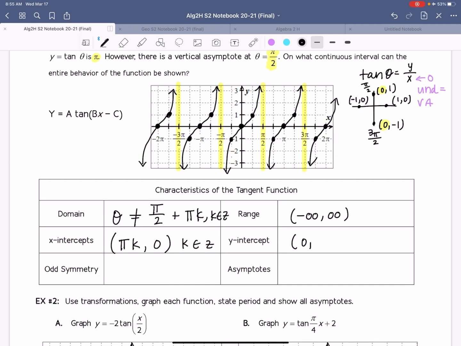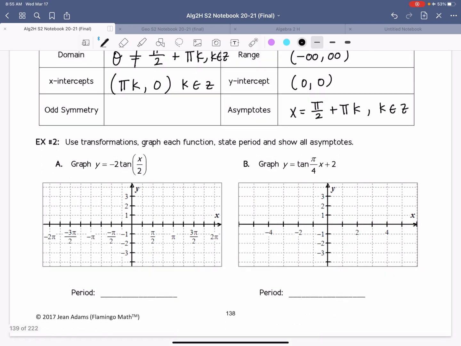There is only one y-intercept. Asymptotes occur everywhere the domain doesn't work. So our asymptotes are at x equals pi over 2 plus pi k. And again, k is an element of the integers. So that is our tangent graph.